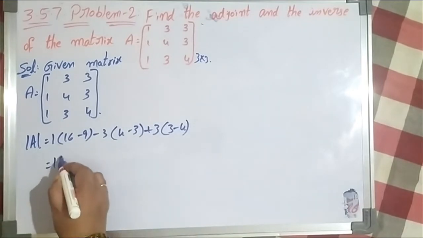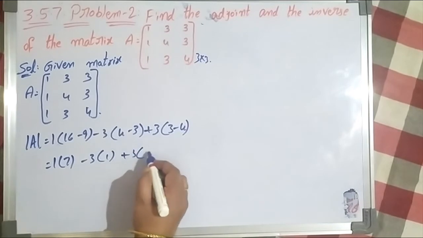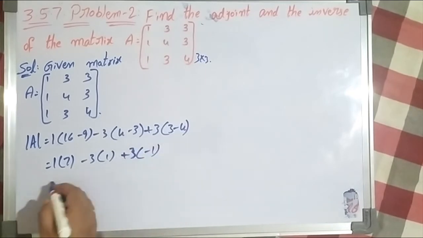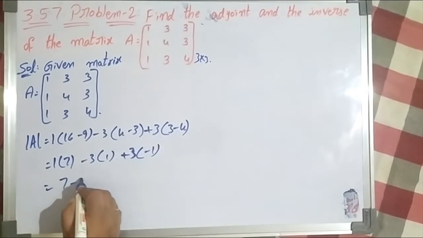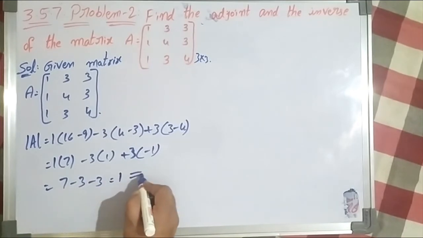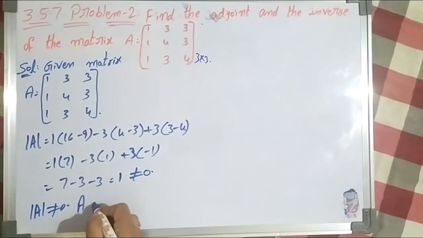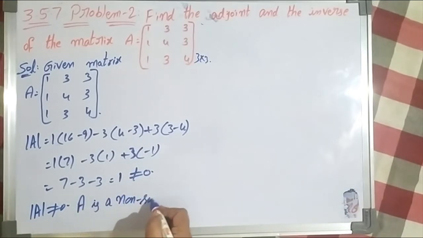That is equal to 1 into 7 minus 3 into 1 plus 3 into minus 1. That is 7 minus 3 minus 3 equals 1. This is not equal to 0. Then determinant of A is not equal to 0, so A is a non-singular matrix.